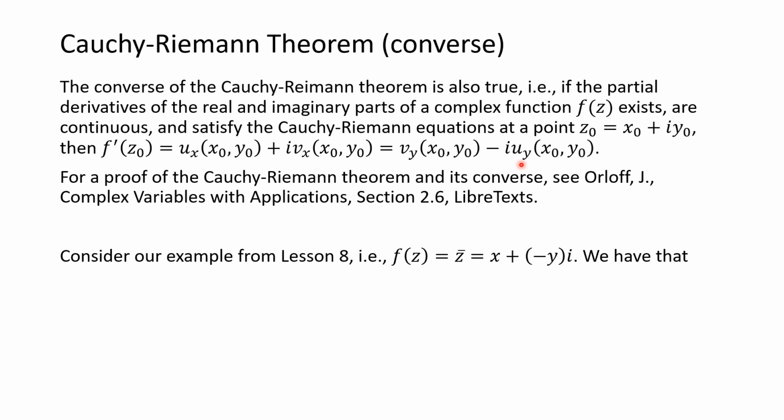So that's the sketch of the proof. It's kind of long, and I thought maybe it'd be better just to do an example and not spend too much time on the proof.